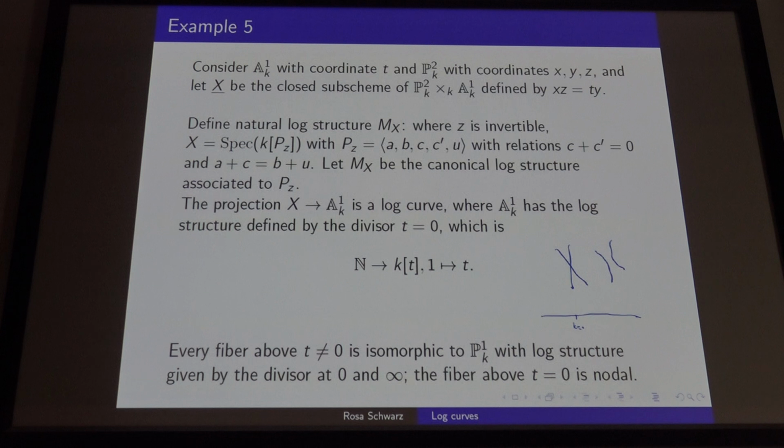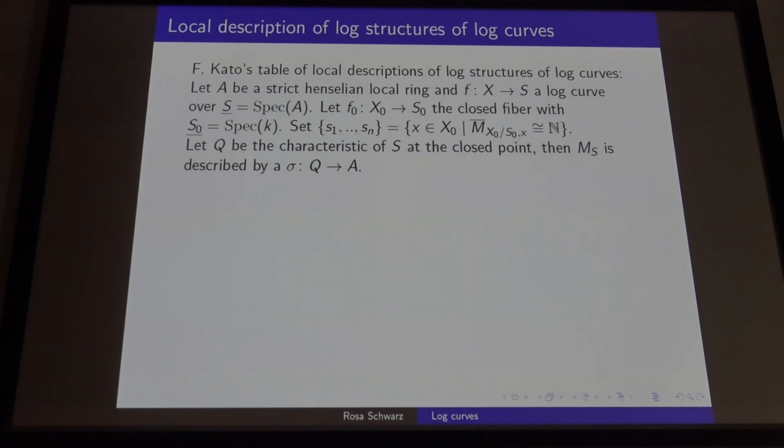And Kato then also gives the theorem that I just gave, which was saying something about the relative characteristic, but you can also say something about the actual log structure, and he calls this a table of local descriptions of the log structures, which is not really a table, not in the article either, but it basically says that there are 3 kinds of points, which we've already seen.